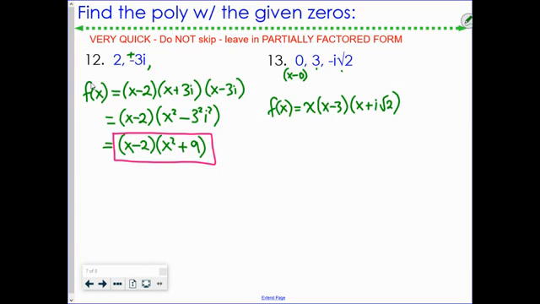And this one would come in plus and minus. They come in a conjugate pair. And if you're subtracting that, that would give you x minus i root 2. So we've got to multiply these last two factors together to get rid of those. In partially factored form, we mean no square roots in your answer and no imaginary parts in your answer.